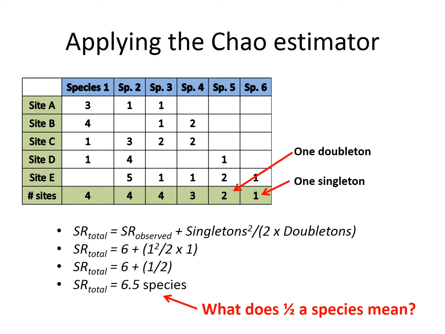So take a moment and pause the video if you need to. But what does half a species mean in this context? The simple answer here is that half a species doesn't represent an estimate that there's a hybrid or something like that. It merely means that the total estimated species richness is more than 6.